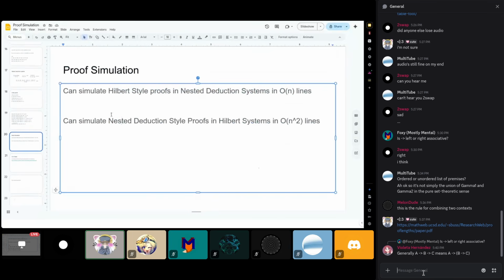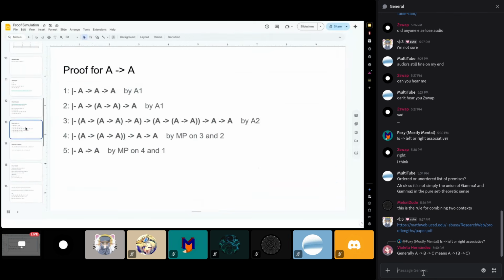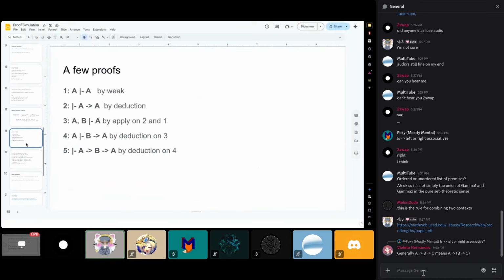What about the other direction? Can you simulate a nested deduction style proof in a Hilbert system? The proof I gave earlier for the deduction theorem with one assumption lets you turn a proof with one assumption into a proof with no assumptions, but it's a constant amount longer. And that's just for one assumption.